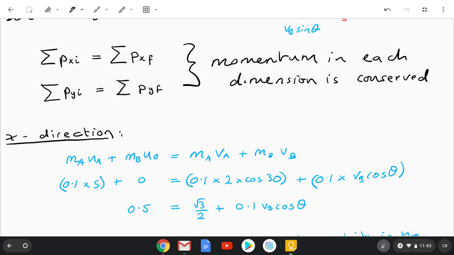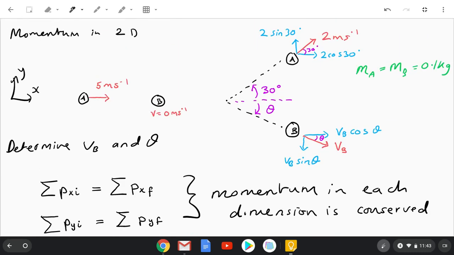Similarly, for object A after the collision, the object is now moving in both x and y directions. If the object has a speed of 2 meters per second at an angle relative to the horizontal of 30 degrees, then the component of speed in the x direction is 2 cos 30 degrees.